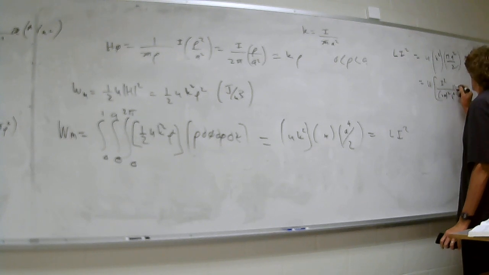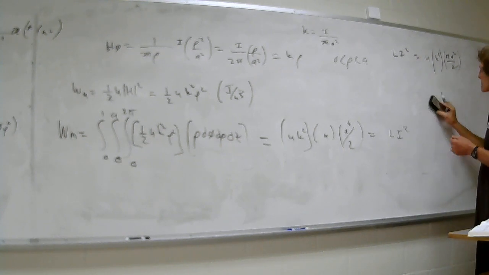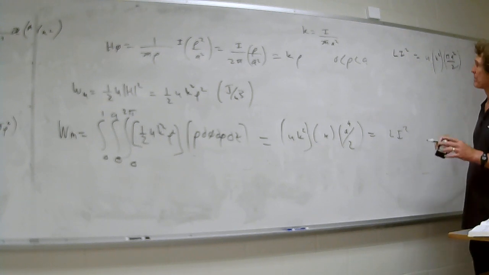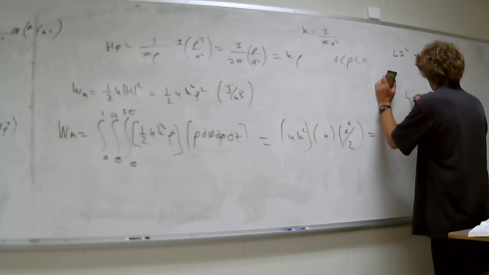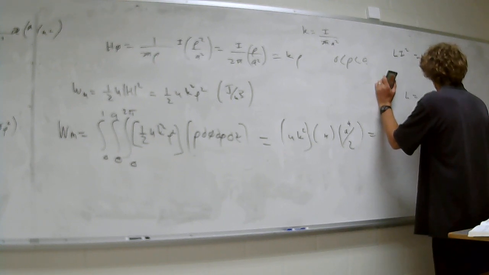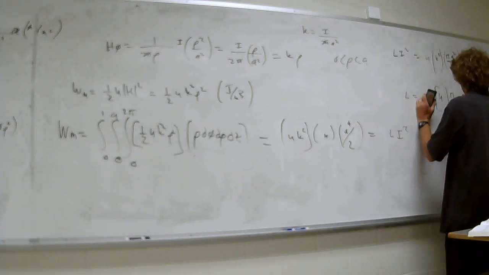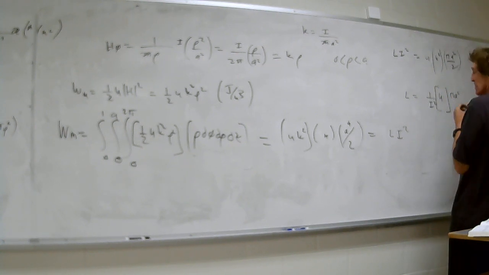Then I get mu over 2 pi? I mean, y'all follow me right here, what I'm doing? What would you pull that 1/2 Li squared?